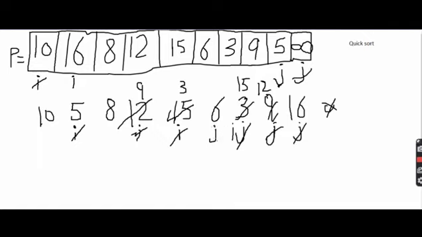So now you can see that J has crossed the I and I has become greater than the J. So you do not have to iterate them anymore. Simply swap the pivot with J. So if we do so, we will get like this, right?